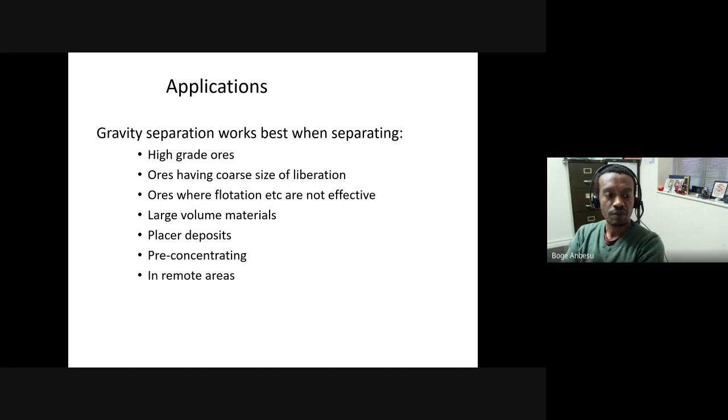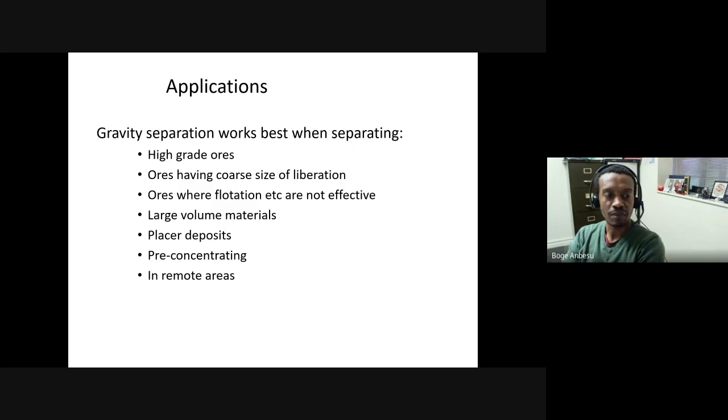And maybe you have also heard about artisanal mines where people go to river areas and maybe pan for gold and so on. So these are probably remote areas where individual people go out there to concentrate gold and heavy mineral ores. You could probably use simple gravity separators as well. Don't need a big construction.